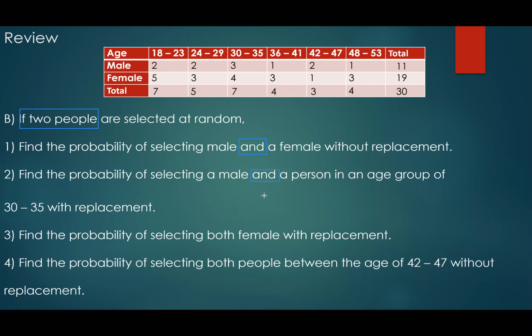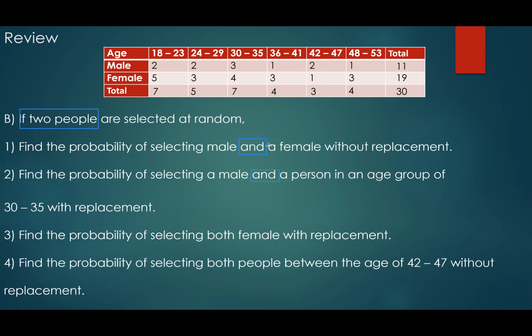As we look at this, because we select 2 people, because we select multiple times, that's the trigger that we have to multiply, okay? Remember last time I told you about the word and. If we select one person, the word and means and also, right? We're looking for something that is this and also that.